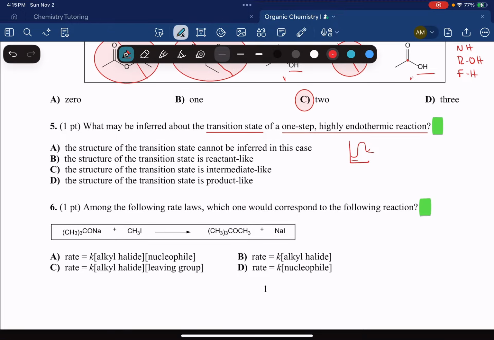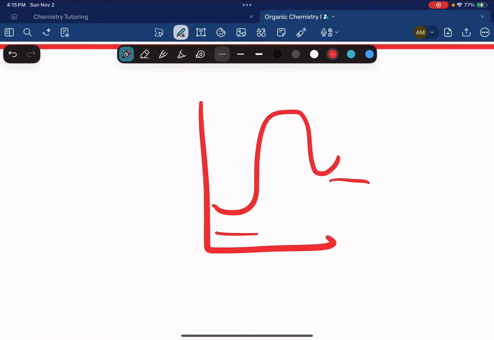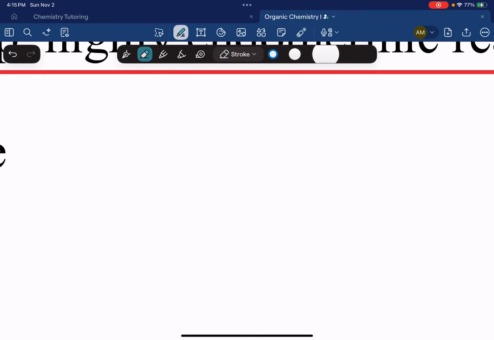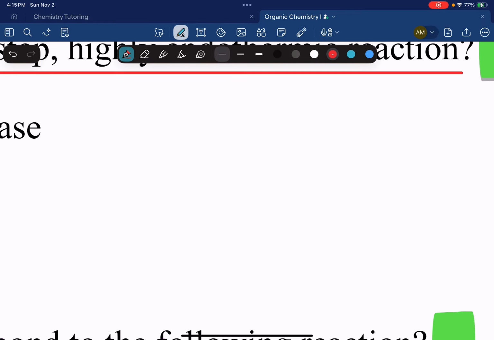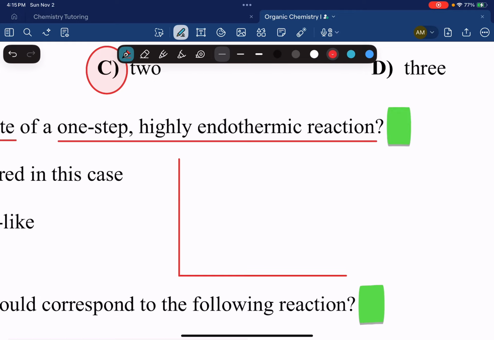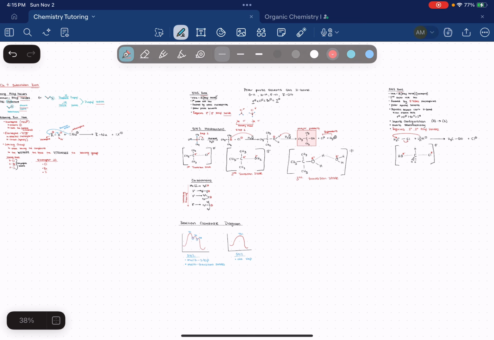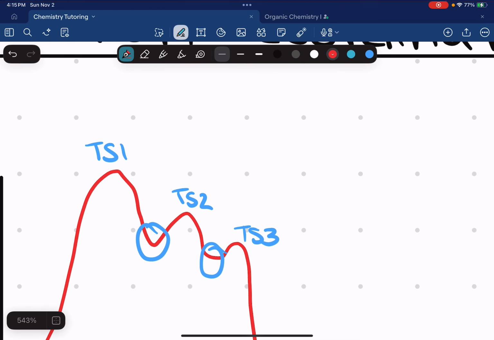Let me make it bigger. We're going to break this down together, as far as how we're looking at it and what we're thinking about when we look at it. So when you see this question, draw it. Transition state, we know from looking over here, is the hump.